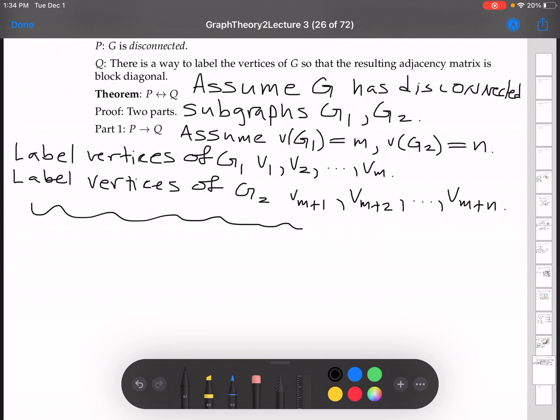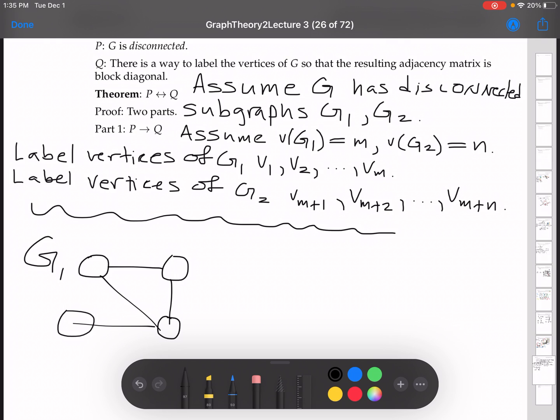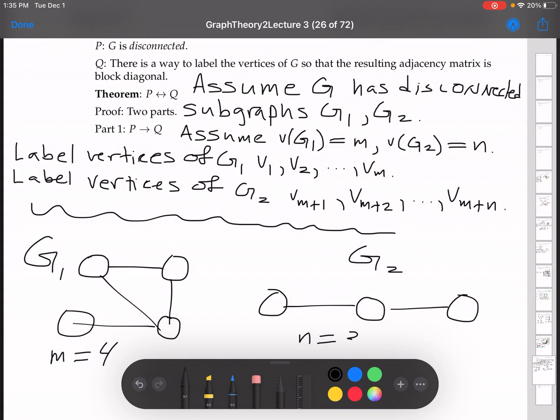Now before I go on, let me explain what I'm doing here. Let's say, for an example, that G1 is this subgraph of G, and that G2 is this subgraph. So in this case, M, the number of vertices of G1, is 4, and N, the number of vertices of G2, is 3. Because G1 has a finite number of vertices, I can just pick one of them to label V1. I can pick another one to be V2, V3, and V4.